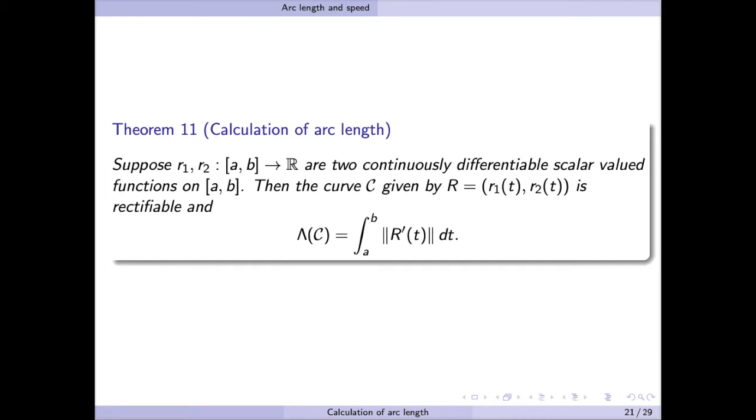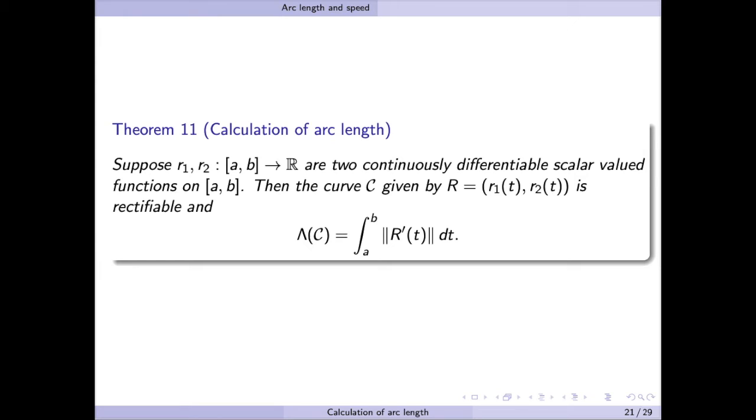Theorem 11 is an extension to theorem 10 in the sense that the inequality provided there is now shown to be actually an equality. So this gives us a way of relating the arc length of a curve to the rate of change of the parameterization and its norm. So theorem 11, which is about the calculation of arc length and is the main result of this video, goes as follows.